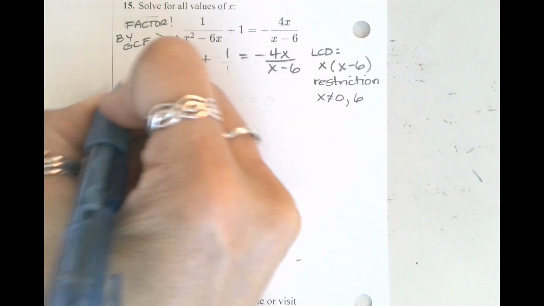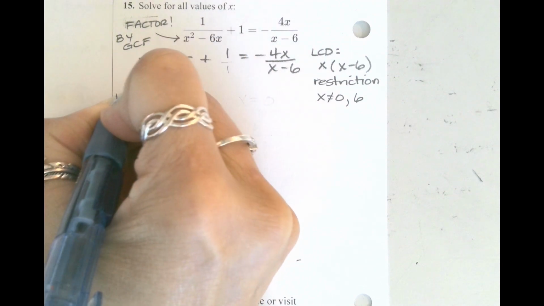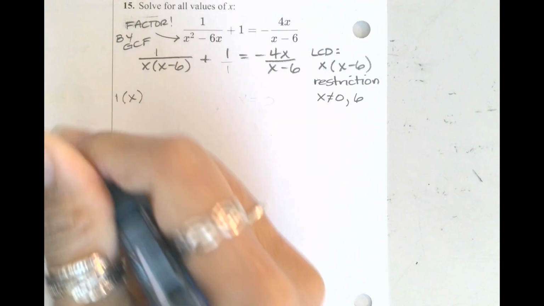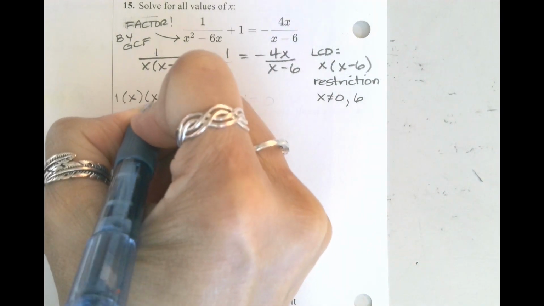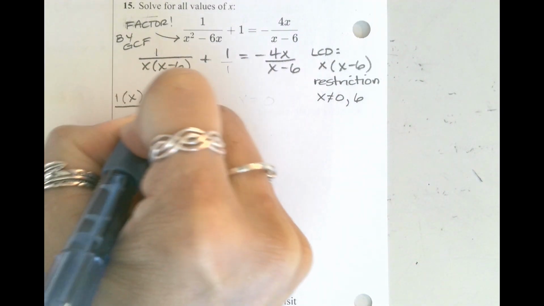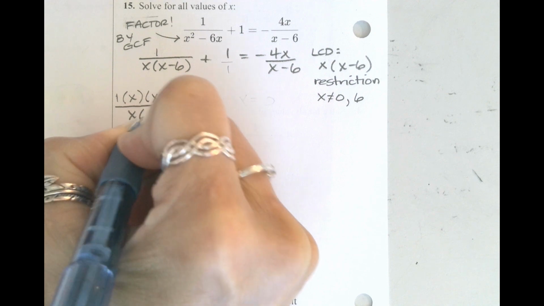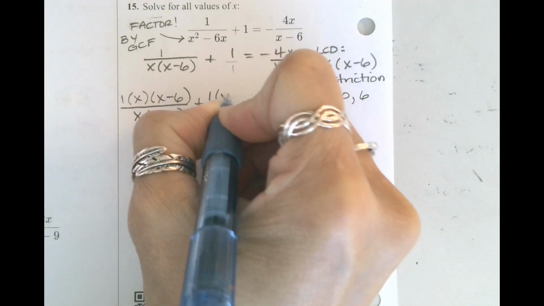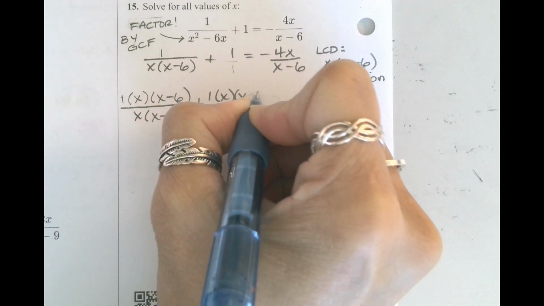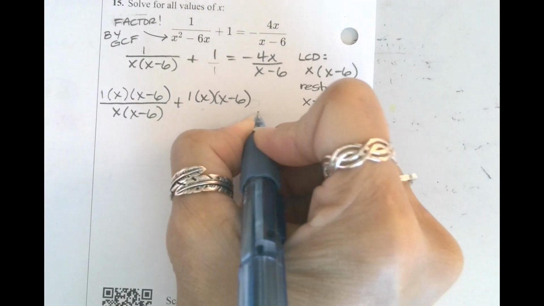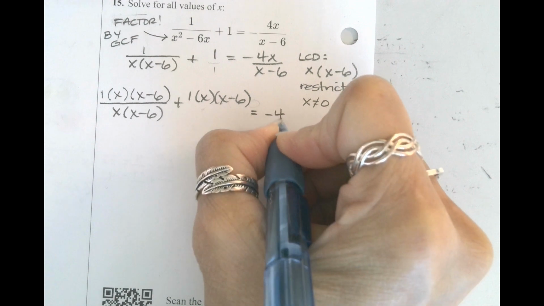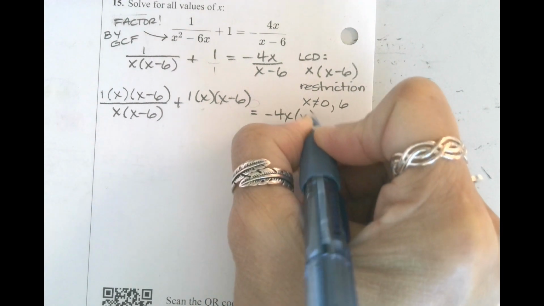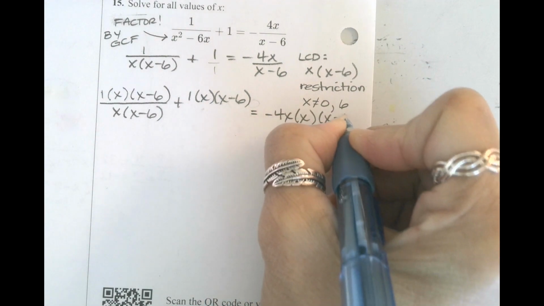So this one here in the numerator is going to have an x and an x minus 6 next to it. Then I need to put the original denominator plus 1, put an x and an x minus 6 next to it, equals negative 4x, put an x and an x minus 6 next to it.